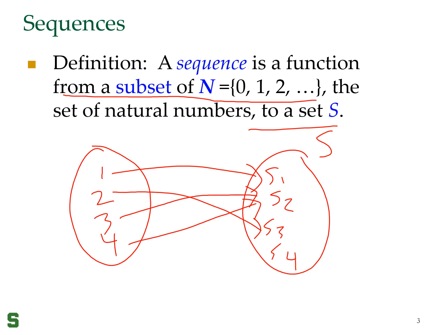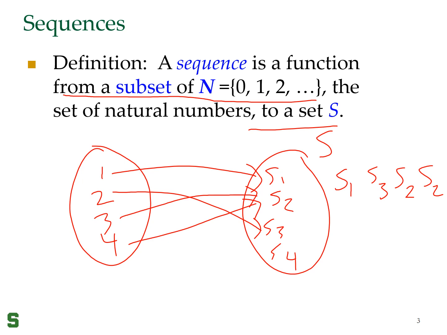And that will give me the sequence. First is S1, then I have S3, then I have S2, and then again I have the term S2. So we can view a sequence as a function that maps some subset of integers to a set S.